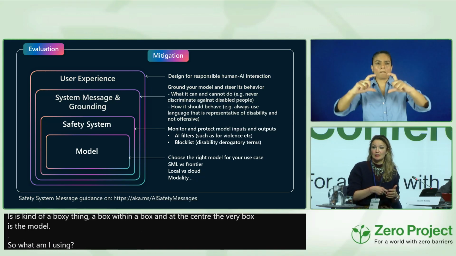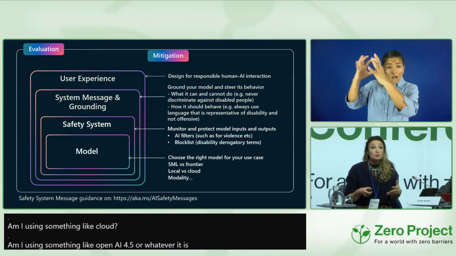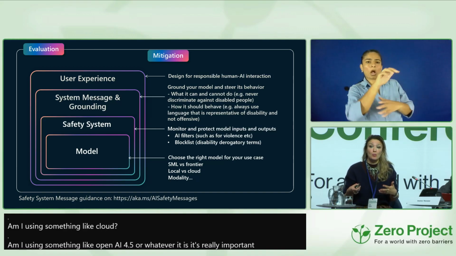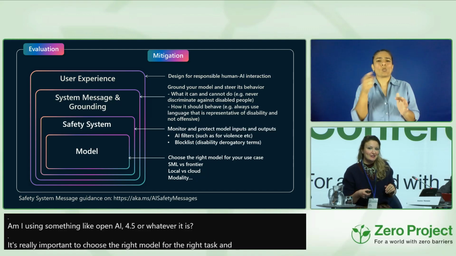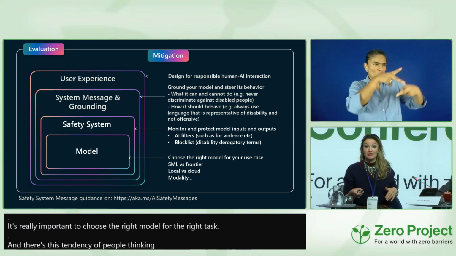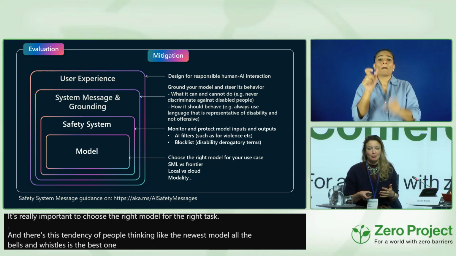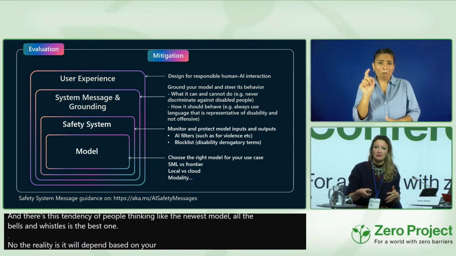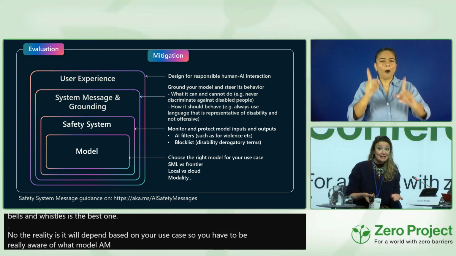Am I using something like OpenAI 4.5 or whatever it is? It's really important to choose the right model for the right task. And there's this tendency of people thinking like, the newest model with all the bells and whistles is the best one. No. The reality is it will depend based on your use case. So you have to be really aware of what model am I using and what data has it been trained on, right?